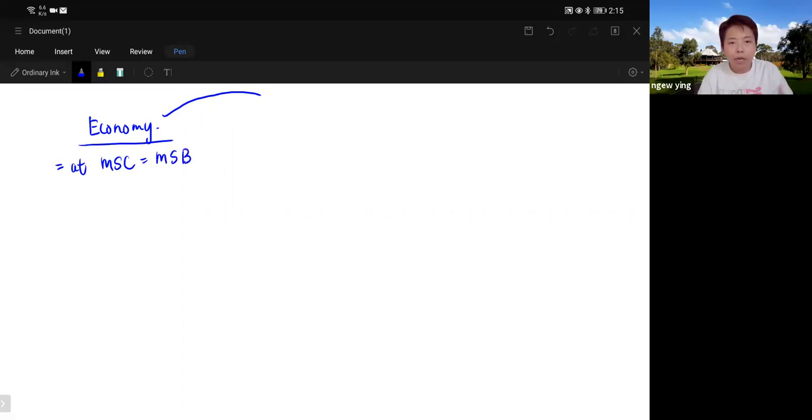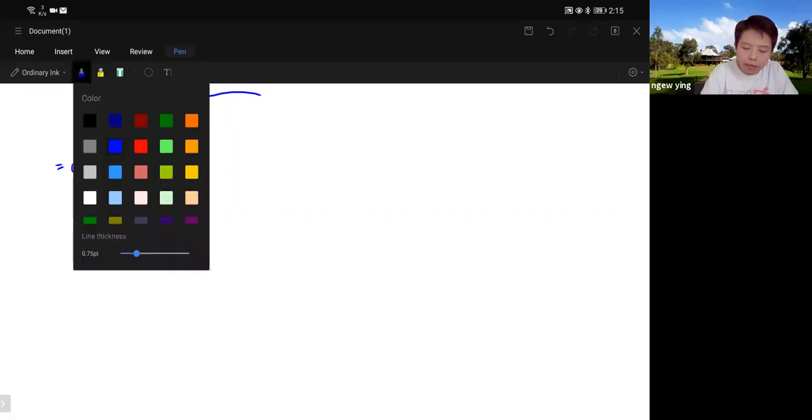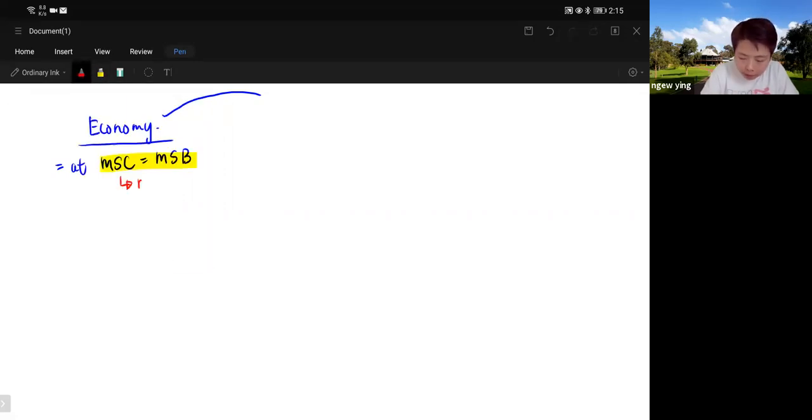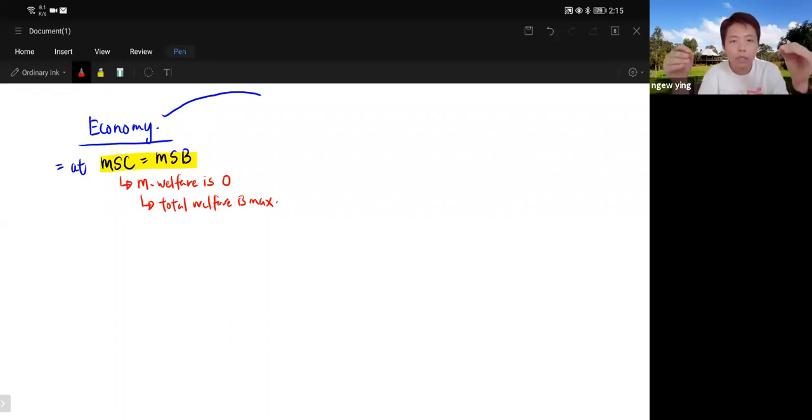In our previous lesson, we mentioned that when marginal cost equals marginal social benefit, our marginal welfare is zero, and therefore your total welfare is maximized. So when marginal is zero, total is maximized. This is the most important relationship in the A2 syllabus that I keep mentioning.